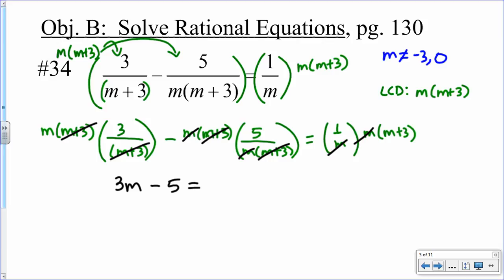So you're left with 1 times m plus 3. Well, 1 times m plus 3 is just m plus 3. Now I have a linear equation to solve. Subtract m from both sides. Add 5.